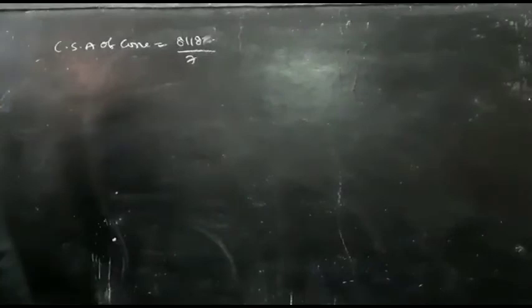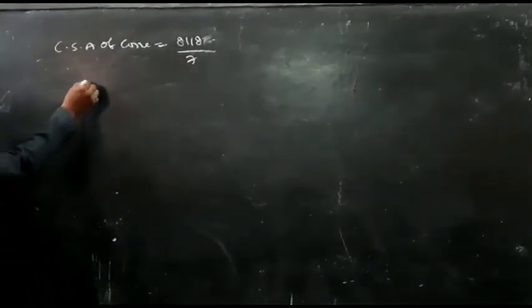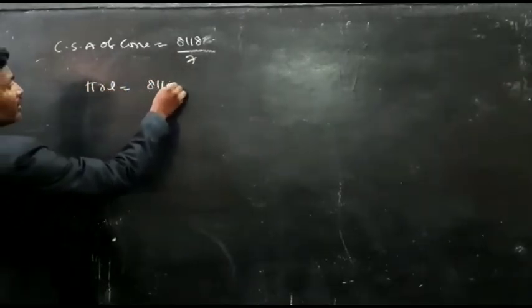Here, the curved surface area of a cone. What is the formula to find the CSA of a cone? Pi r l is equal to 8118 by 7.